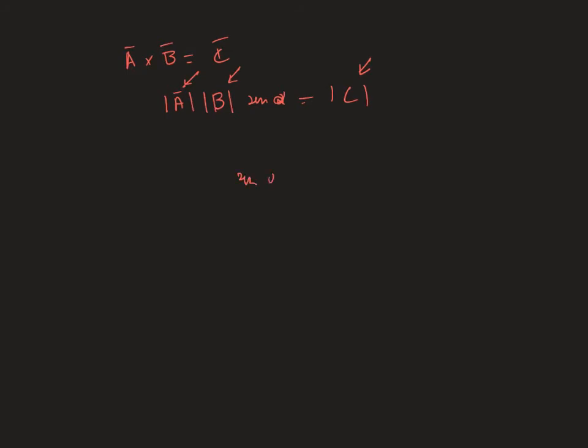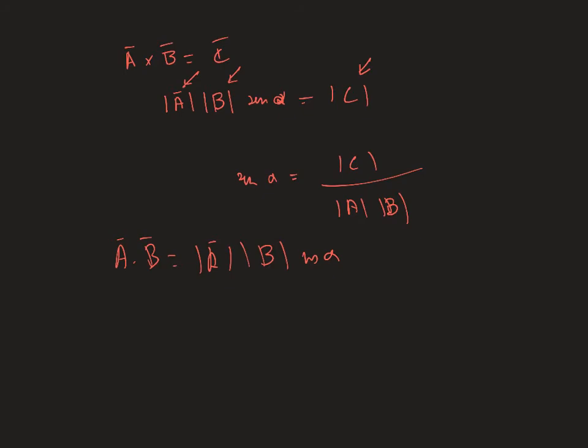Sine of alpha is the magnitude of C divided by the magnitude of A by the magnitude of B. I think it's correct. Well, try and make the same thing, making A dot B as magnitude of A by magnitude of B by cosine of alpha. And see if you can find the same angle, okay?